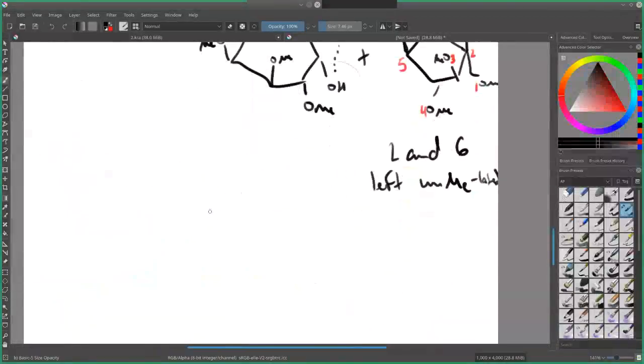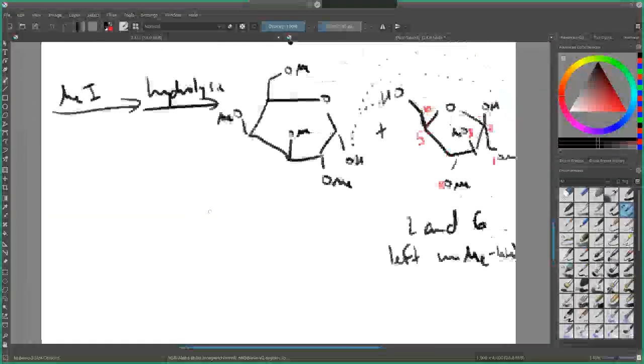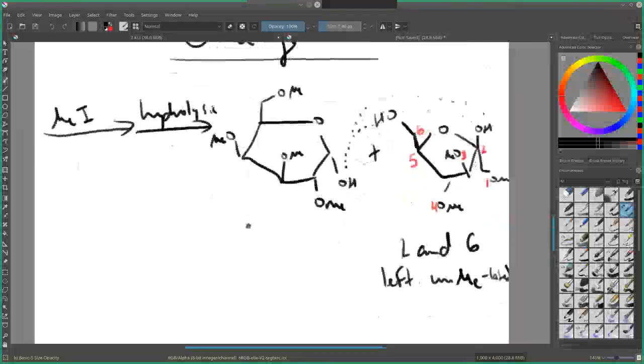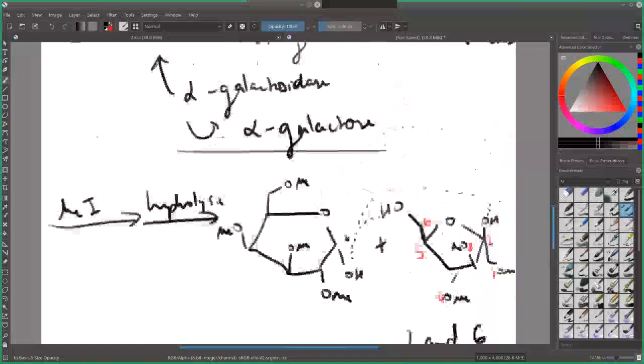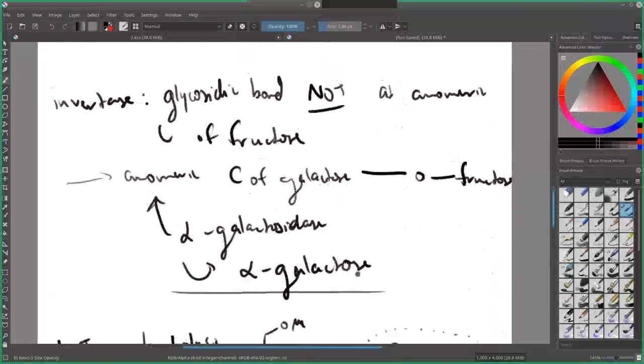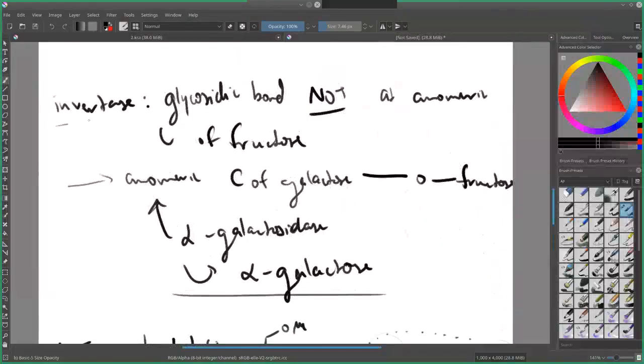What was your reasoning? Do you have a different one? Yeah, I do. Does anybody know what my reasoning was? Okay, my reasoning was that from the invertase, we knew that the glycosidic bond wasn't at the anomeric carbon of fructose.